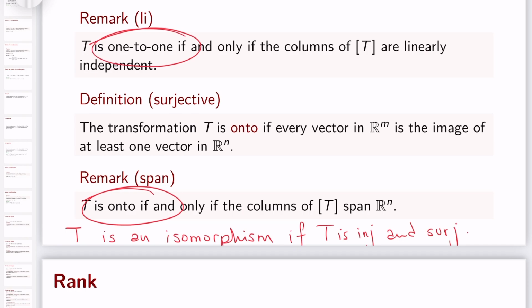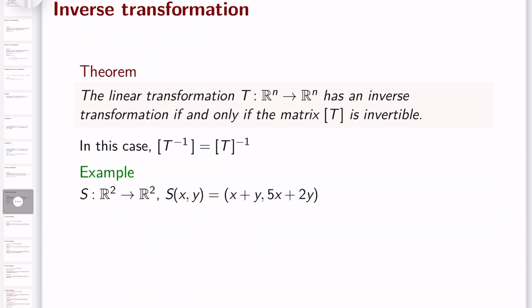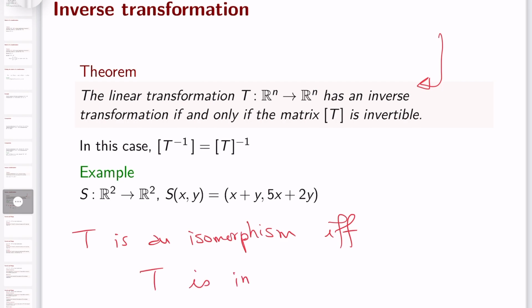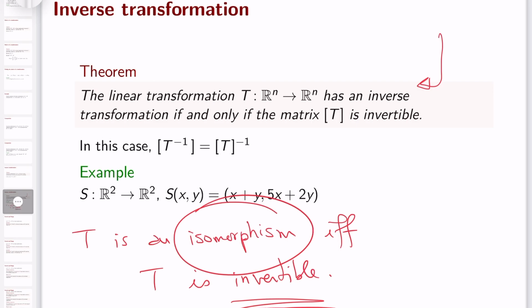We can see that this coincides with the idea of having an inverse transformation. So, as another remark, T is an isomorphism if and only if T is invertible. T has an inverse. So being an isomorphism, being injective and surjective, is equivalent to being invertible, to having an inverse transformation.